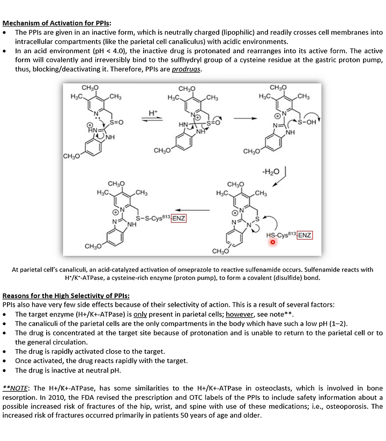This sulfur atom here is part of a cysteine amino acid, which is part of the enzyme ATPase, which is the proton pump. As you remember, all enzymes are naturally proteins, and proteins are composed of amino acids. One of these amino acids is called cysteine.